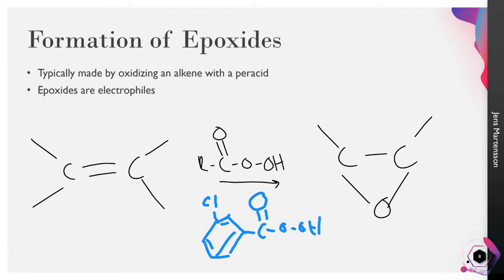So yeah, it's just your common oxidizing agent. It's a peracid. You don't need to know a mechanism for this specific way to make an epoxide. But yeah, it just oxidizes to the three-membered ring. Okay, so epoxides are electrophiles, which is the important part.